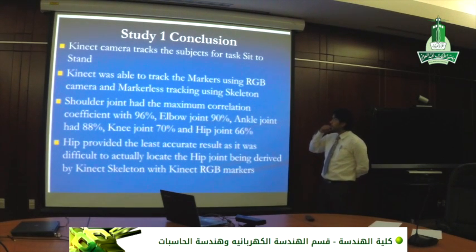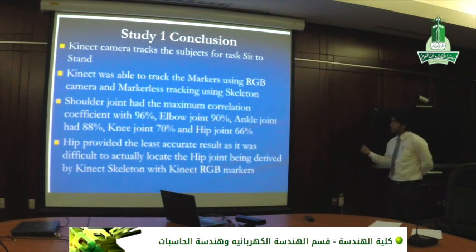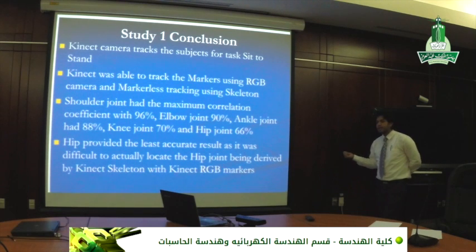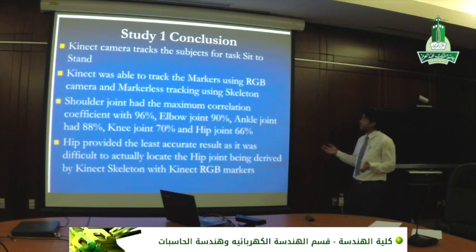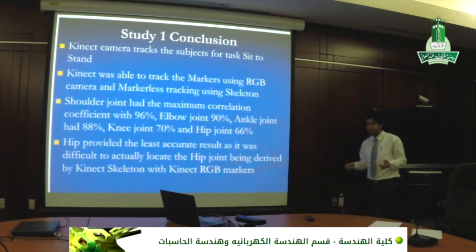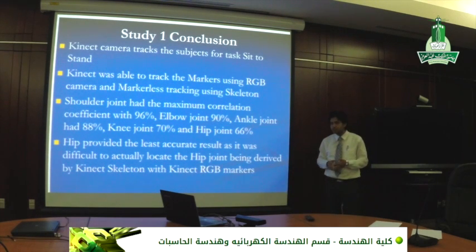The conclusion for study one was that the Kinect camera is able to track the subject for the task that has been applied earlier. Kinect was able to track the markers placed on the subject using the RGB camera and markerless tracking using the skeleton.